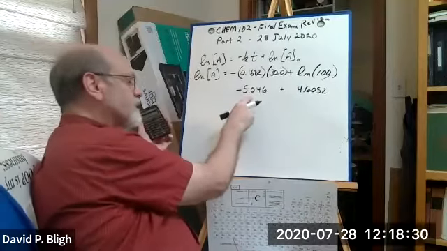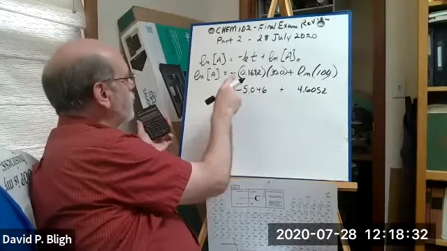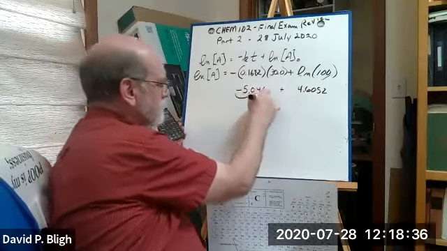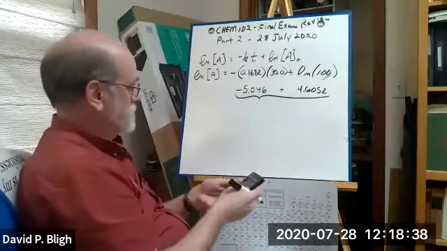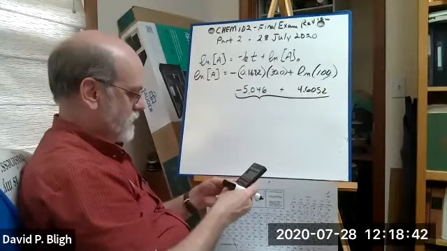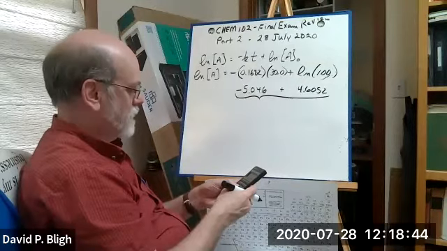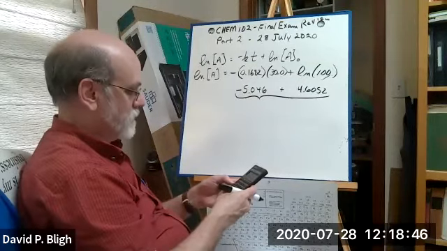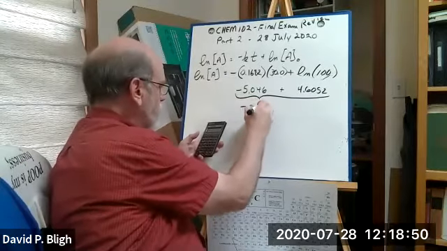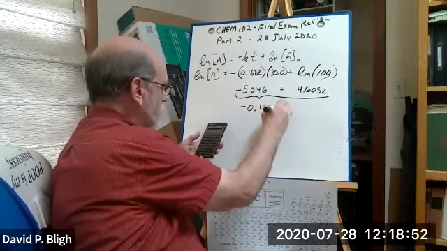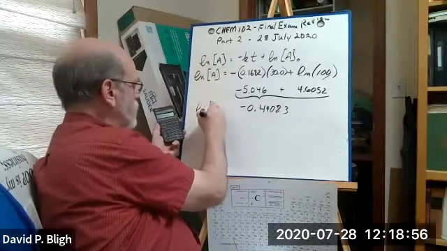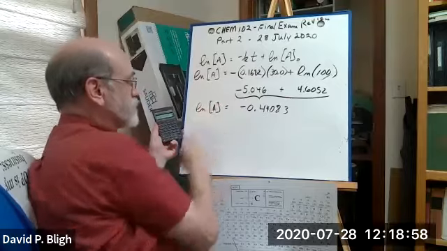So you got a negative and a positive. Let's add those together. So this is minus 0.44083. And that's the log of our drug concentration.